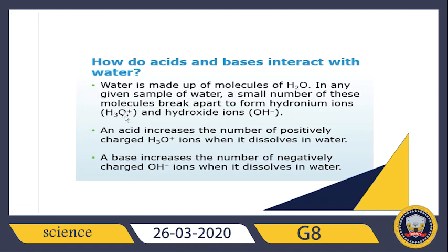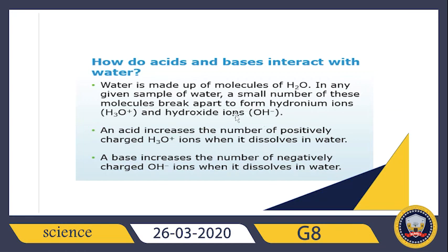So H3O+ represents which ion? It represents the hydronium ion. And what about the hydroxide ion? The hydroxide ion has the formula OH minus: 1 oxygen atom, 1 hydrogen atom, and a negative charge, all together give us the hydroxide ion.